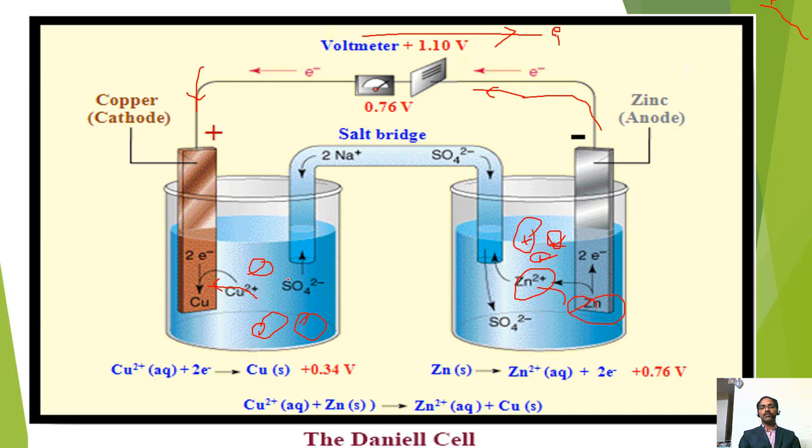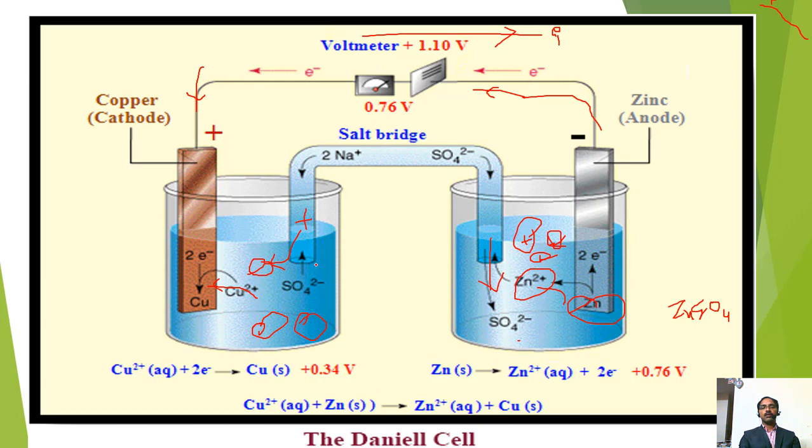See here, sulfate negative charge is more, so positively charged particles are required here. So only Na plus ions are dissolving here. Here sulfate ions are required, so sulfate ions are dissolving here and forming zinc sulfate.